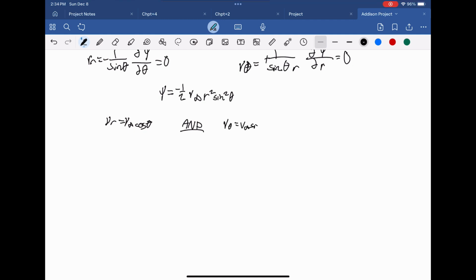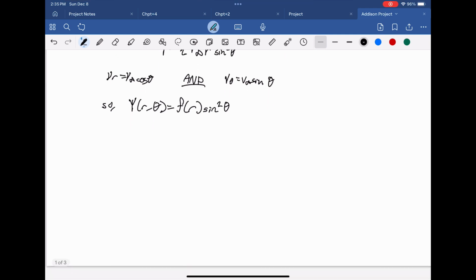So if we assume that VR is v infinity cosine, and that v theta equals negative v infinity sine theta, we can postulate what equation we might need to find the equation for the flow around the sphere.